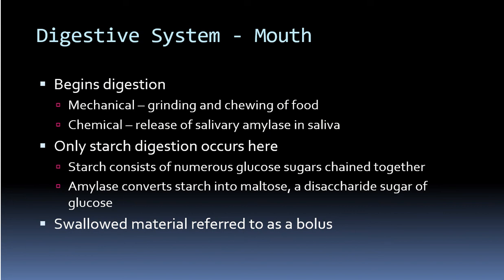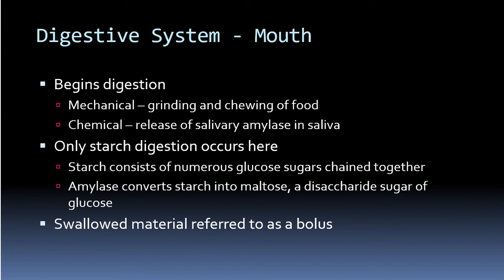Now, where mechanical digestion in your mouth will help break apart food into smaller and smaller bites that are easier to swallow, the chemical digestion that occurs with salivary amylase essentially takes starch, which is a molecule consisting of long chains of glucose sugars connected together, and breaks them down into maltose, which is a disaccharide consisting of two glucose molecules connected together, as opposed to 10, 20, or many, many more, which is what starch is.